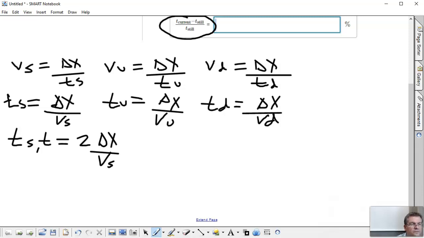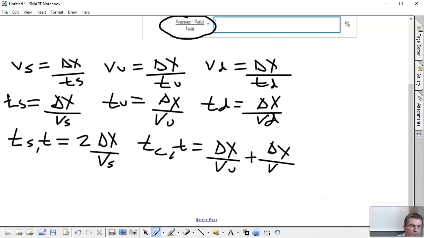All right. And the time in the current total equals delta x over v sub u plus delta x over v sub d. Okay. So we now have that information.